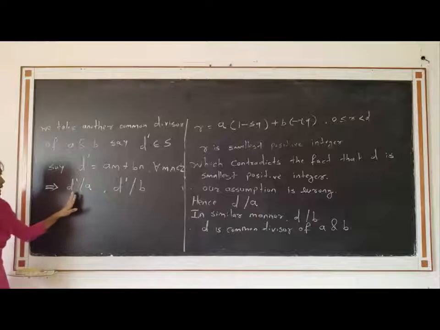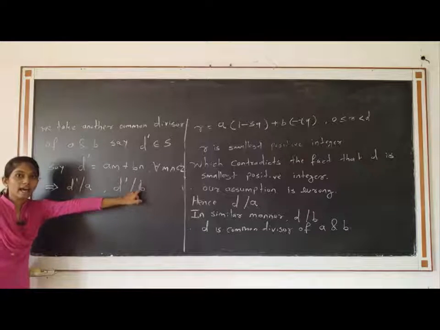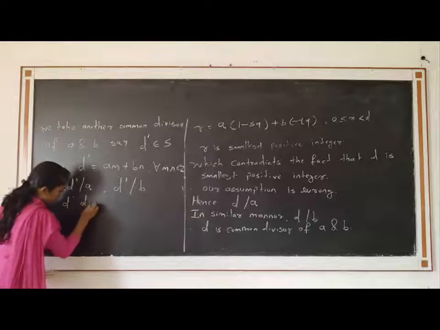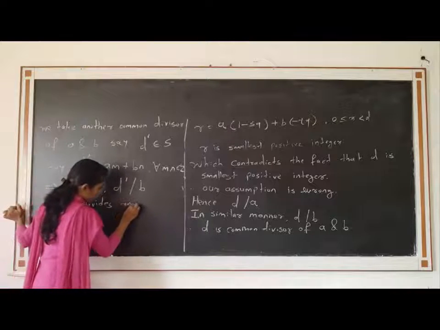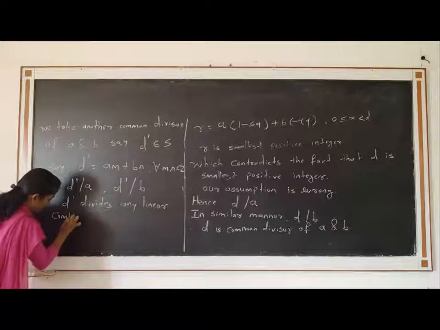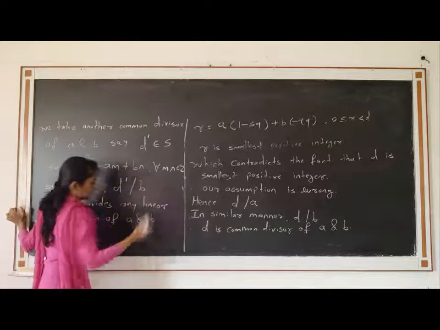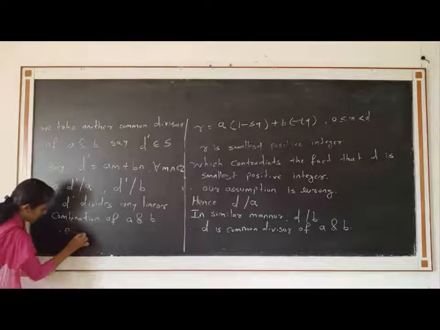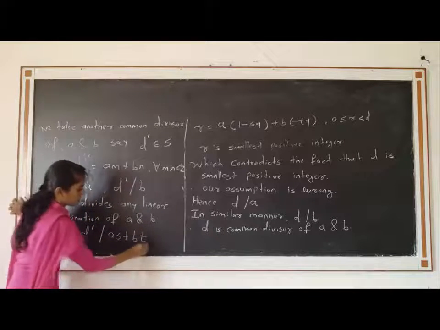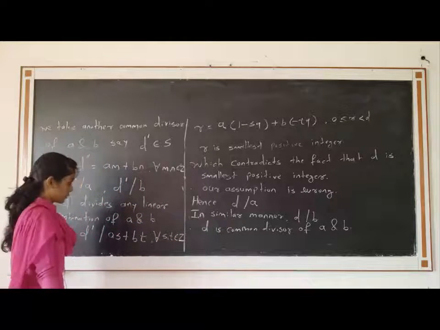So that means D dash divides any linear combination of A and B. That is, D dash divides AS plus BT for all S and T belonging to the set of integers.